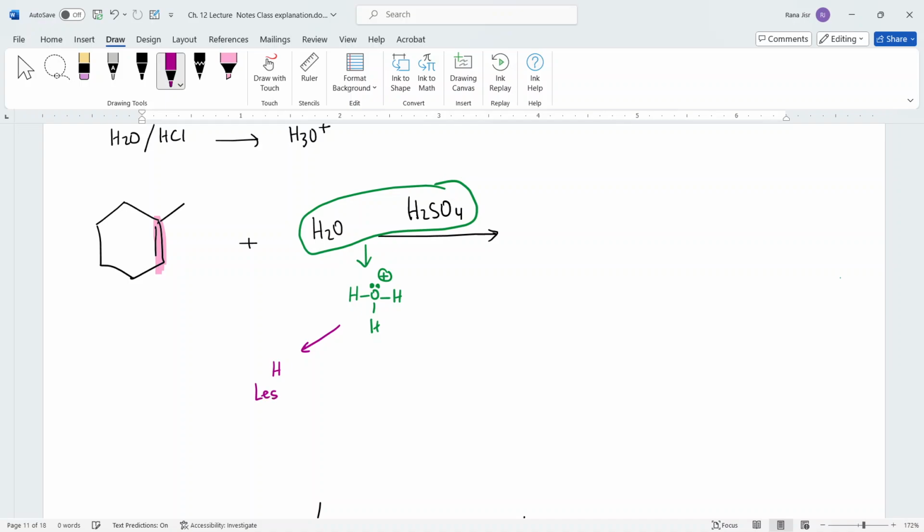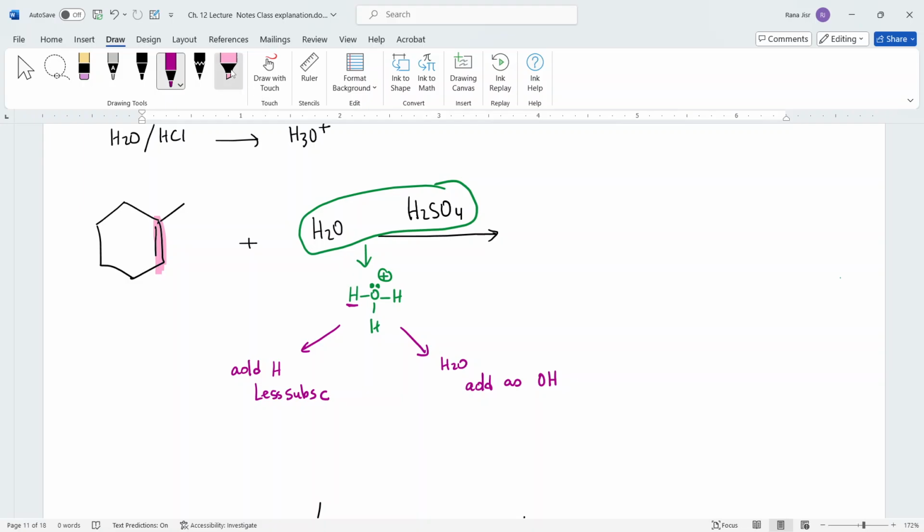Hydrogen will add to the less substituted carbon. So the hydrogen from the H3O+ will add to the less substituted carbon. This is the rule. And then water will add as an OH.